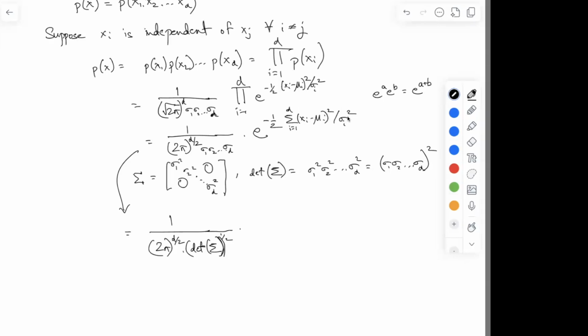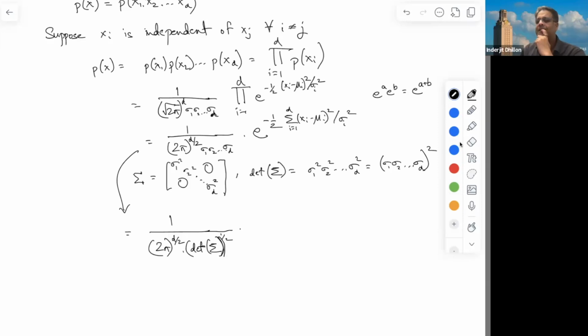Maybe you can turn xi and mu i into vectors, and take the dot product of the x vector minus the mean vector, squared. You can take that vector and multiply it by the inverse of the sigma matrix. Okay, yeah. Let's go through it slowly.